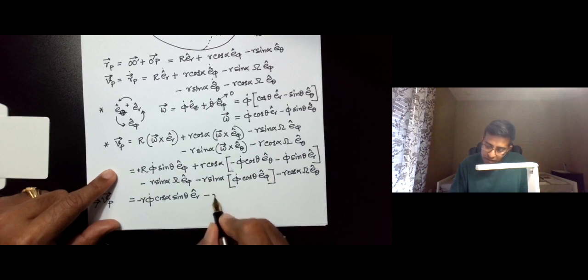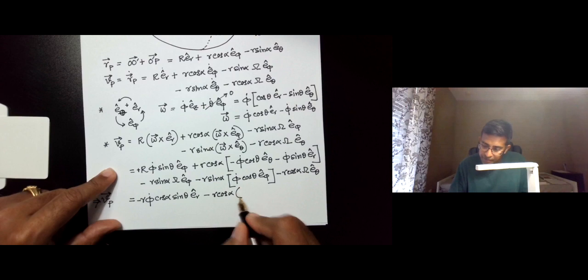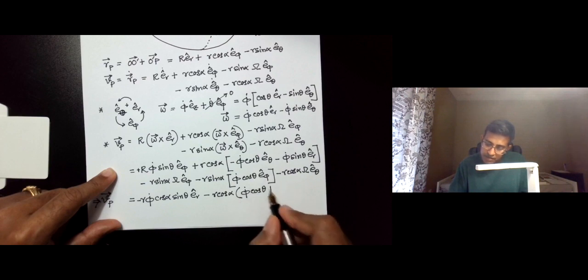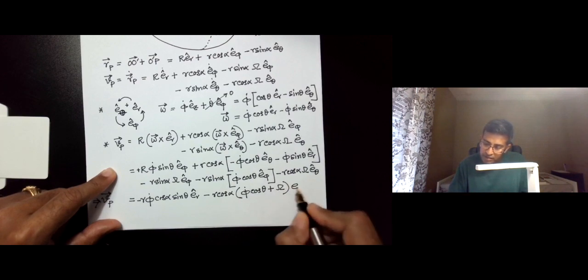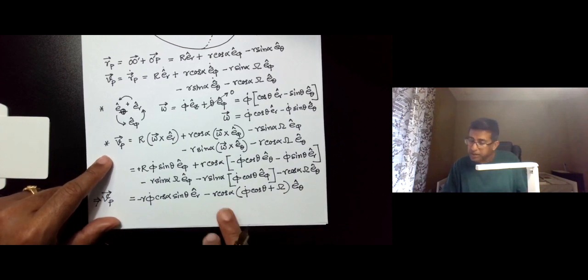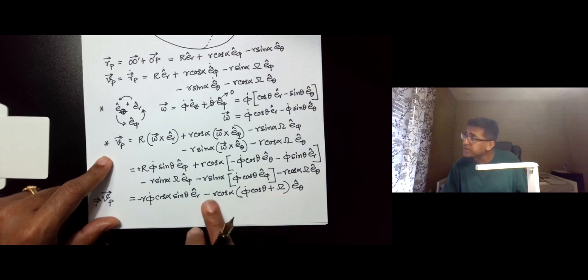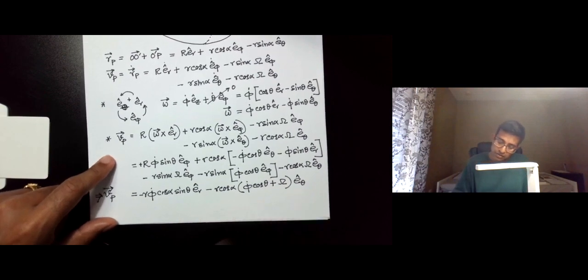So minus R cosine alpha times phi dot cosine theta plus capital omega E theta. And let me check that. So we have R cosine alpha as a common term, and we have phi dot cosine theta plus capital omega with the negative sign. So this is good as well.